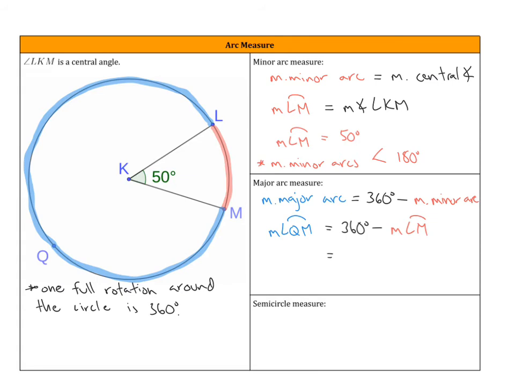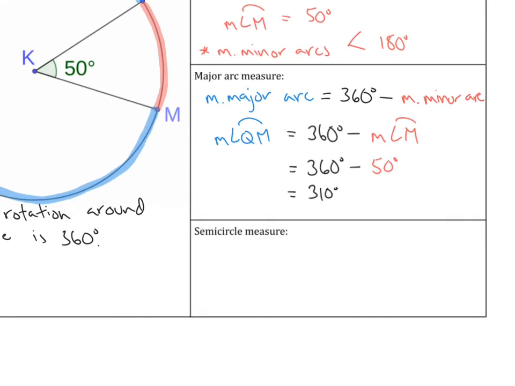Substituting in all of the values that we know, 360 degrees minus 50 degrees gives us that the measure of arc LQM is 310 degrees.